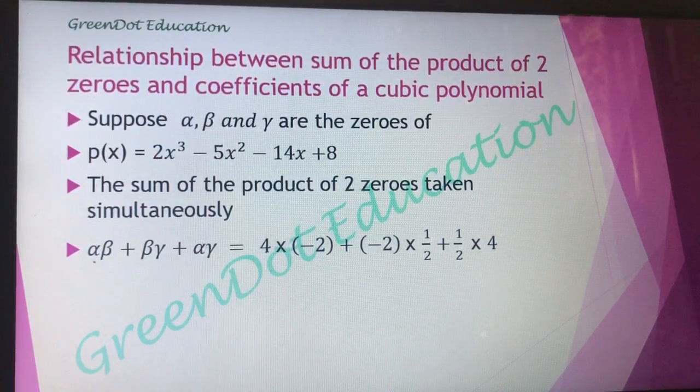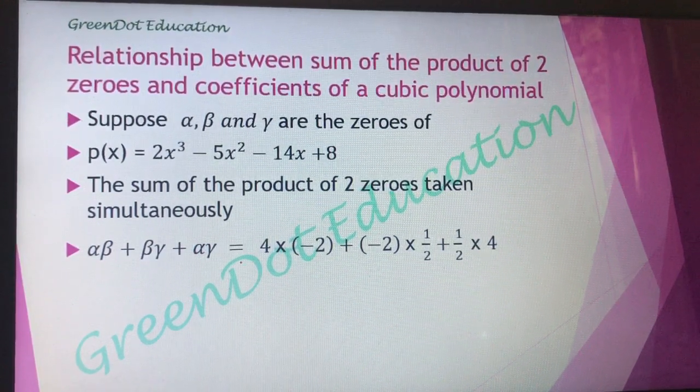So alpha beta plus beta gamma plus alpha gamma. Here we take the product of any two zeros, meaning two zeros are multiplied with each other and then they are added together.